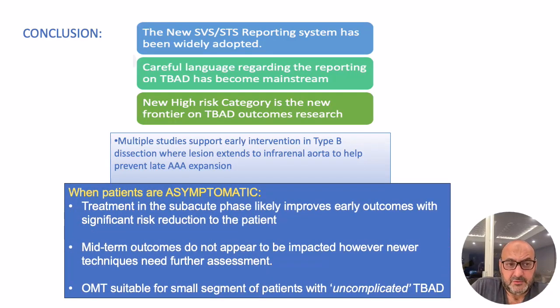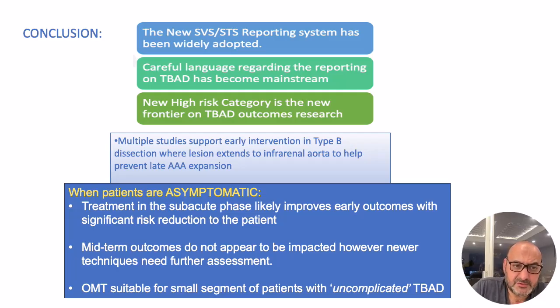And then, if you have a patient who's asymptomatic, treatment in the subacute phase likely improves early outcome with significant risk reduction in the patient. Mid-term outcome does not appear to be impacted.